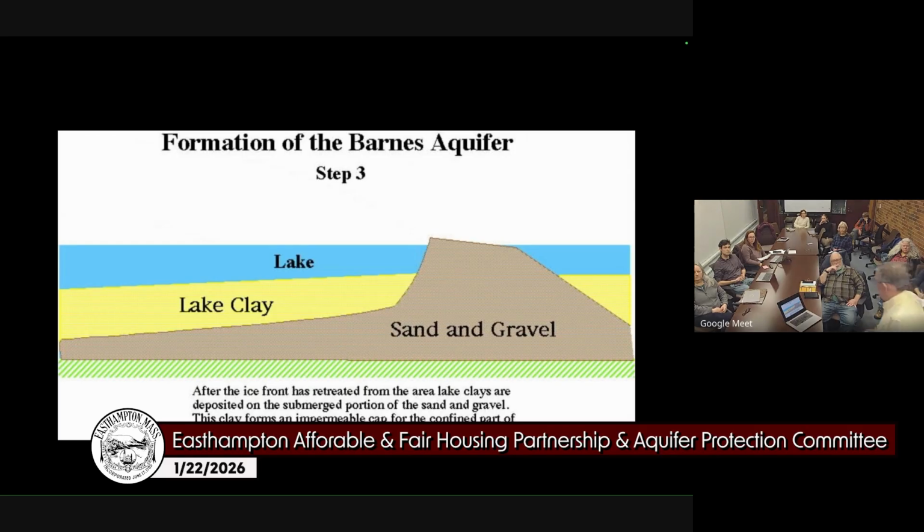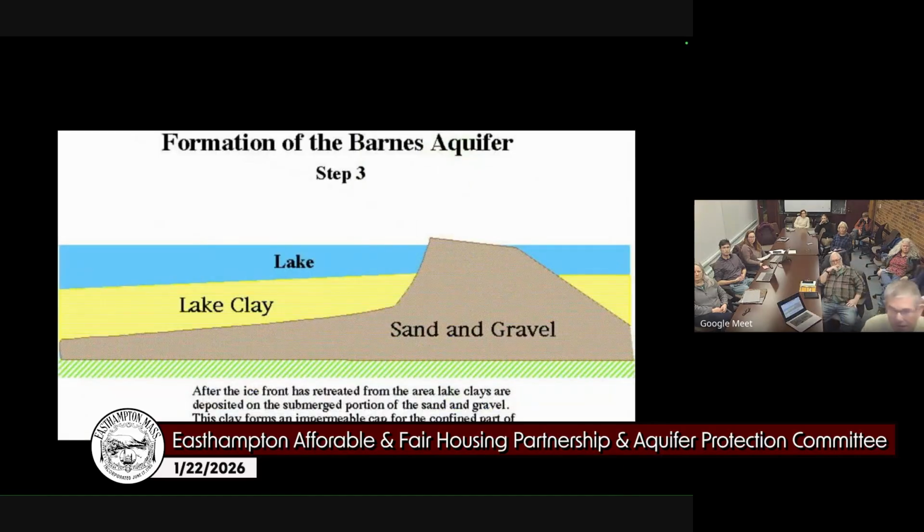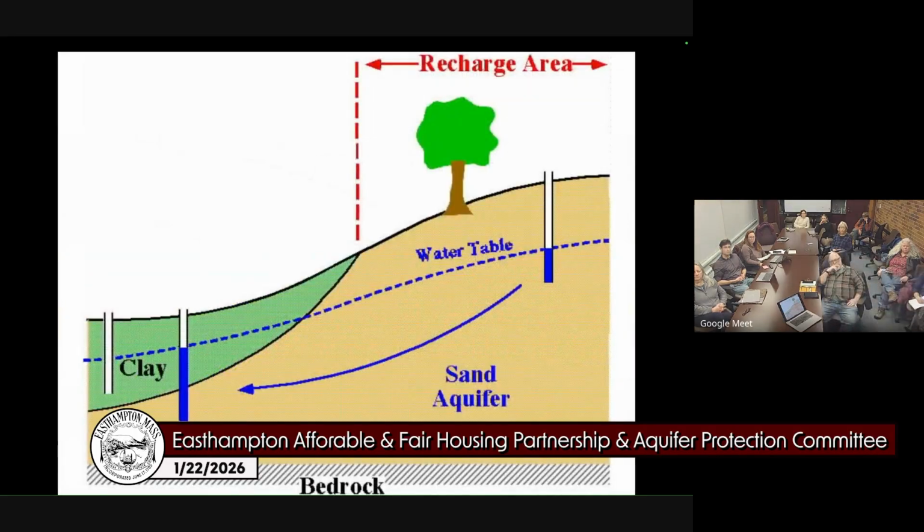So if we look at this area right here, we'll look at a diagram. What's that going to be? We're going to have clay, the varve clays, annual deposits that were forming directly from lake deposition, sitting on top of sands and gravels right here.